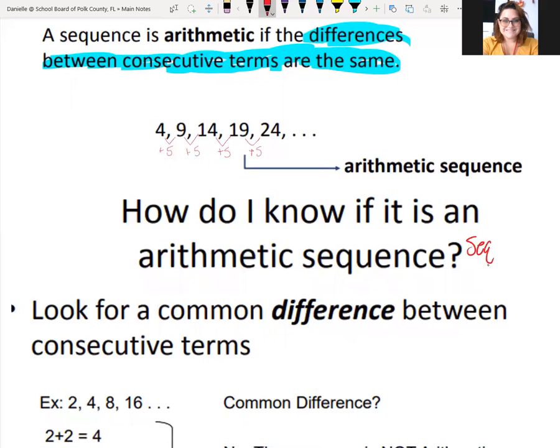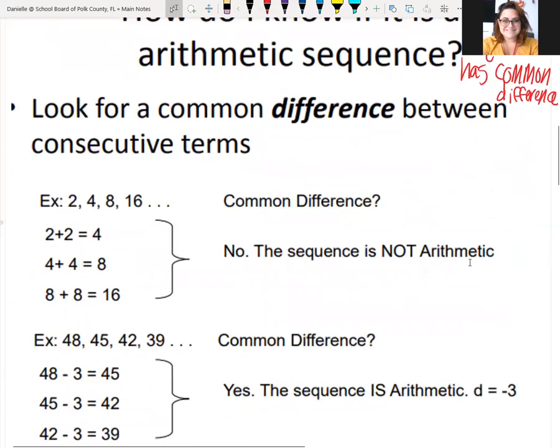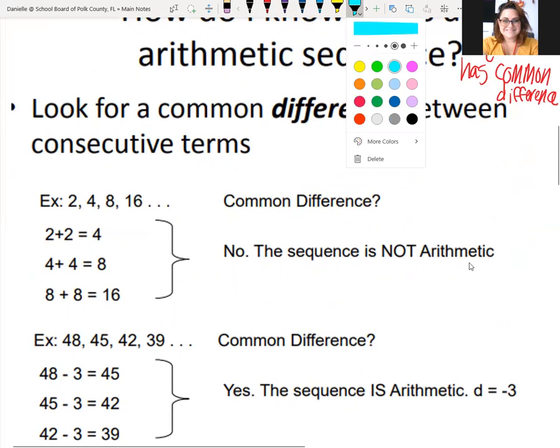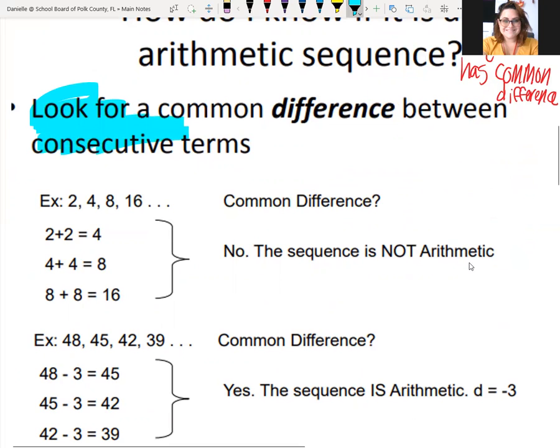The sequence has a common difference, just like it says here. We want to look for common differences between terms.